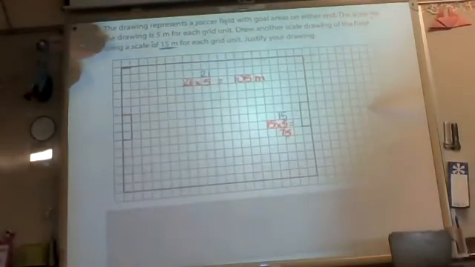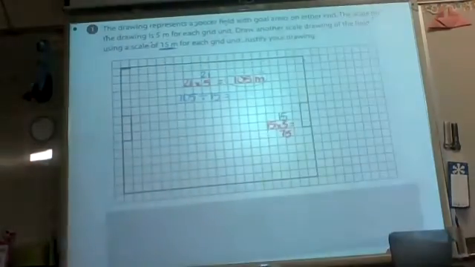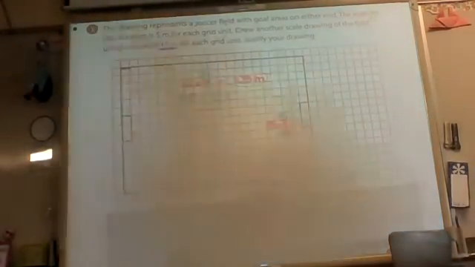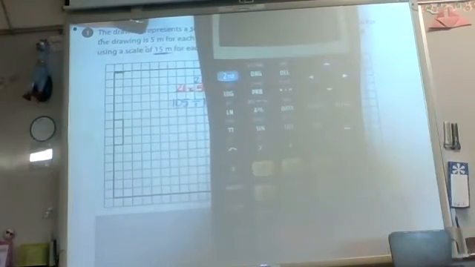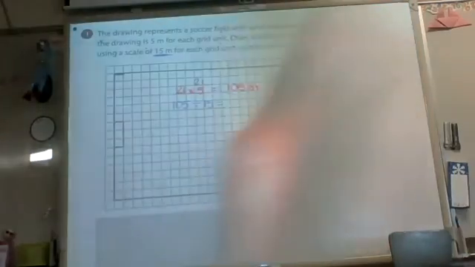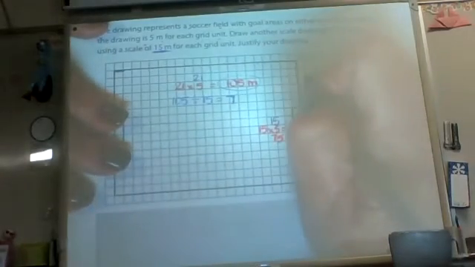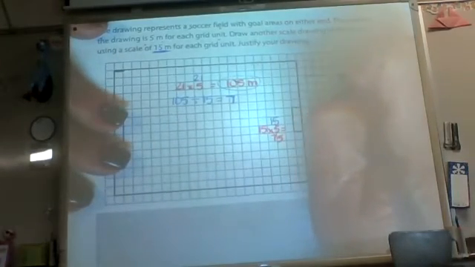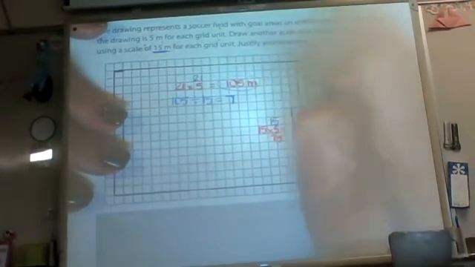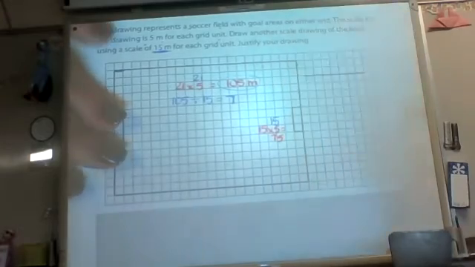So I'm going to take this 105 and divide it by 15. What's 105 divided by 15? It's 7. Nice job. So 1, 2, 3, 4, 5, 6, 7. That's what the length is on my new drawing.